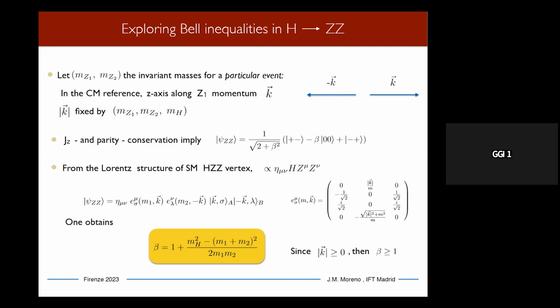of course, the conservation of angular momentum and parity implies that among the 9 possible combinations of spin, only these 3 particular combinations appear, which correspond to Jz equal to 0. If you also take into account parity, then you get this particular shape where these two have to be equal.